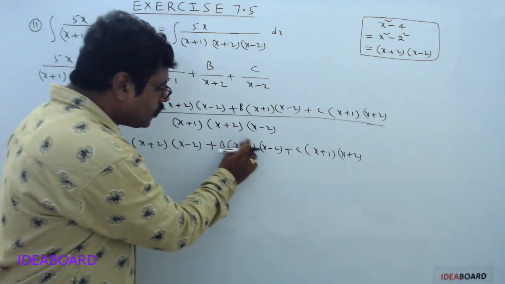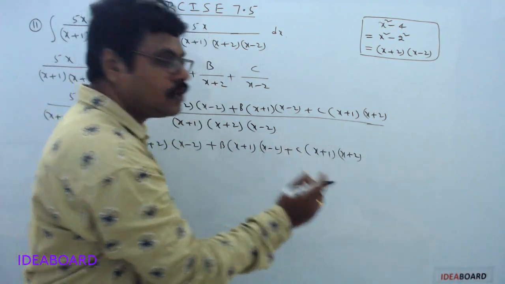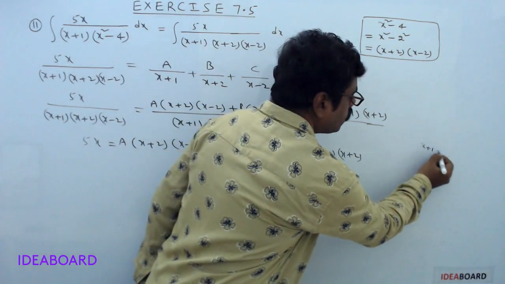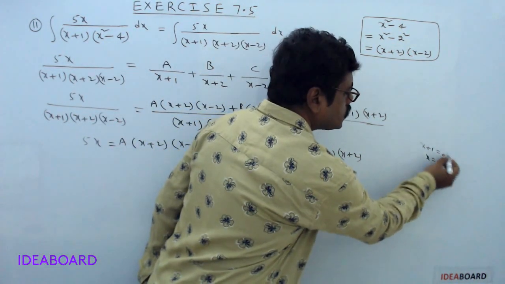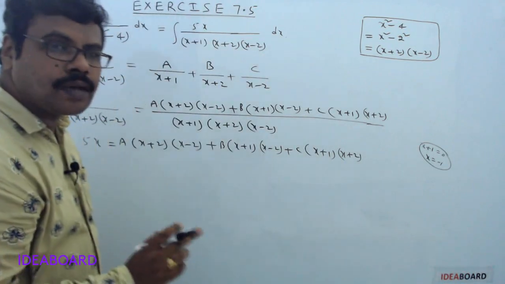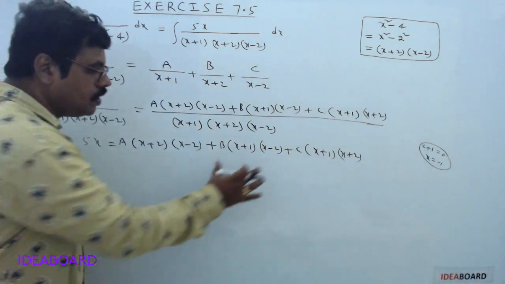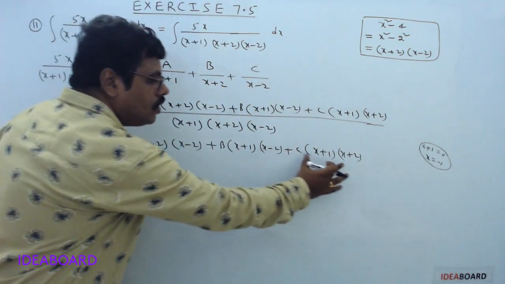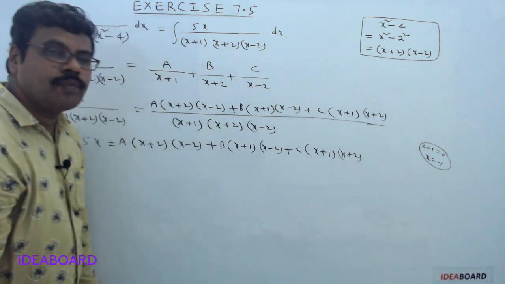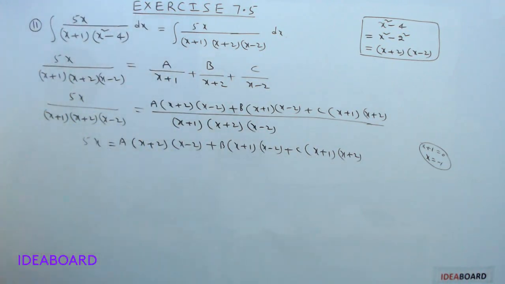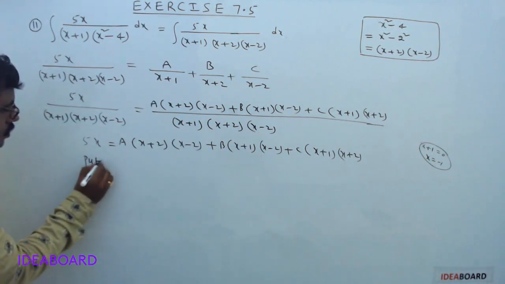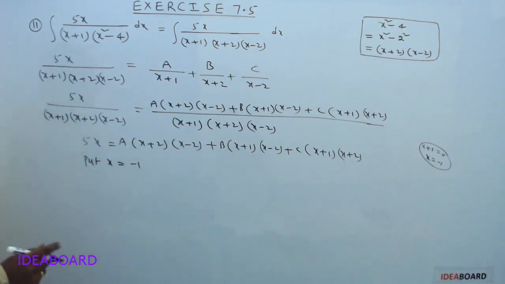So, equating that common factor to 0, x plus 1 equal to 0, x is minus 1. By substituting x equal to minus 1, the second term value will be 0 and the third term value will be 0. So put x equal to minus 1.